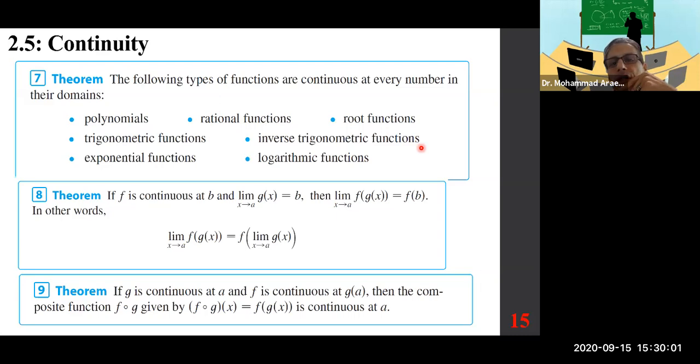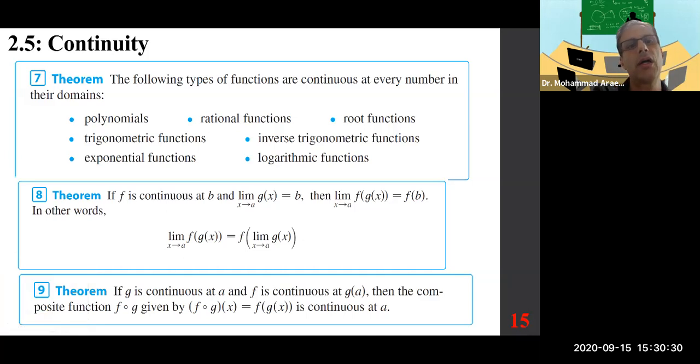Every function is continuous in their domain. Pay attention to this, their domains. So what is the domain? Well, you should know the domain for every function. Just for the sake of argument, if you're looking at the root functions, if the index is odd, it's all real numbers. If it's even, the radicand must be larger than or equal to 0. Just as an example, let me put that up for you so you see what I mean by that.